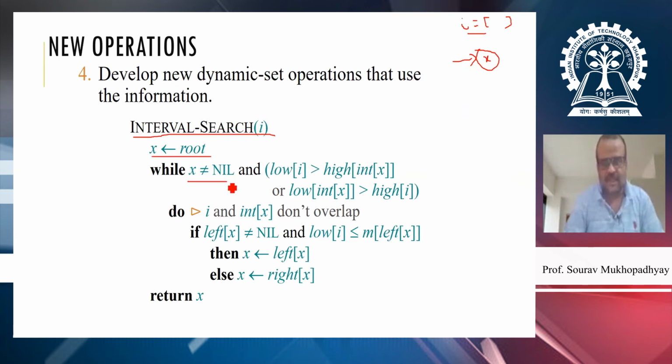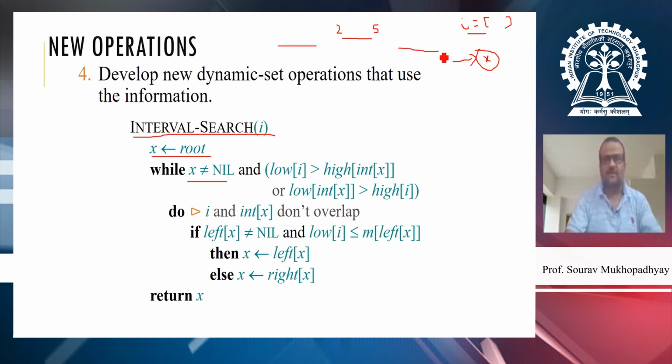So this is one condition. Another condition is that it is not overlapping. How do we check it is not overlapping? Suppose I is the interval 2, 5. Then x will not overlap with I if x is completely on this side or completely on this side.